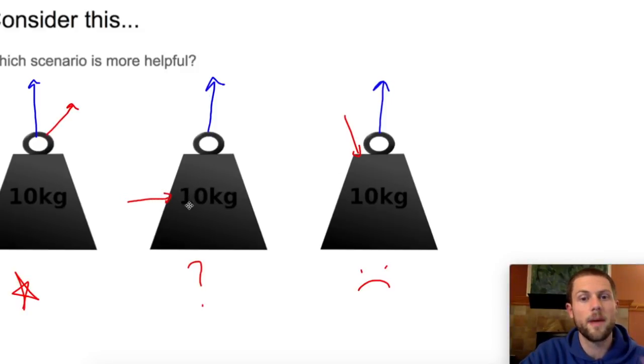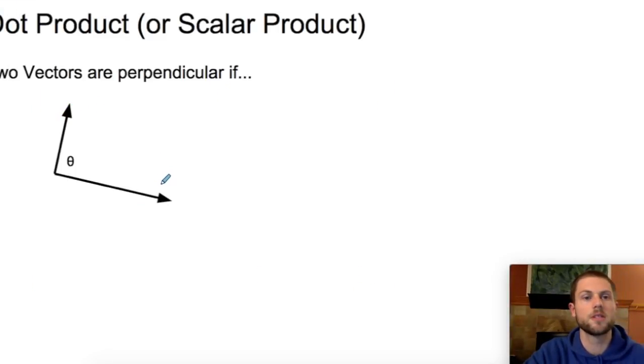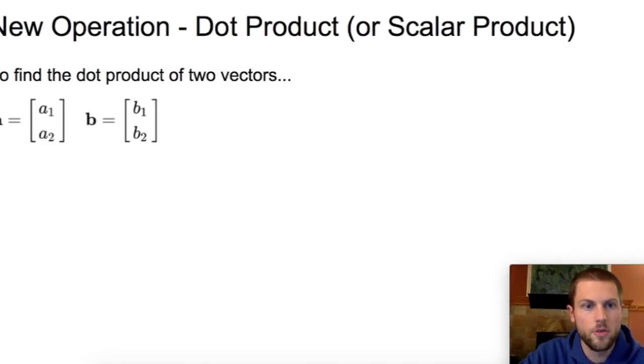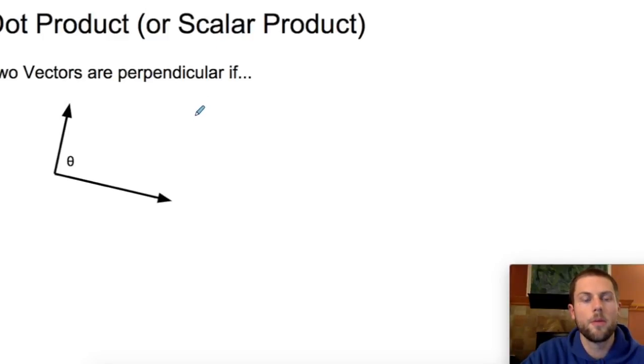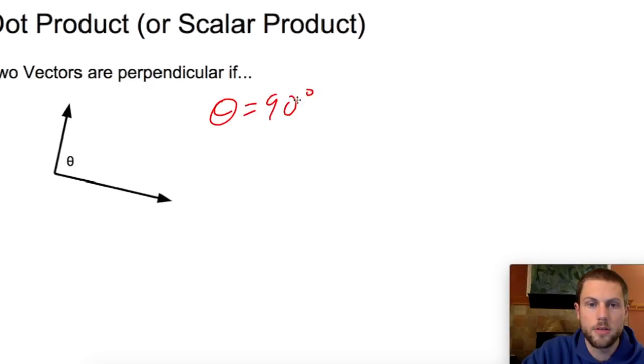So I want you to think about how vectors affect or magnify or oppose or not affect each other. And that's what we're taking away with these dot products or scalar products. Let's start off by talking about how to find if vectors are perpendicular. We were able to find that formula before for the angle between two vectors. Two vectors are perpendicular if that angle, theta, is equal to 90 degrees.